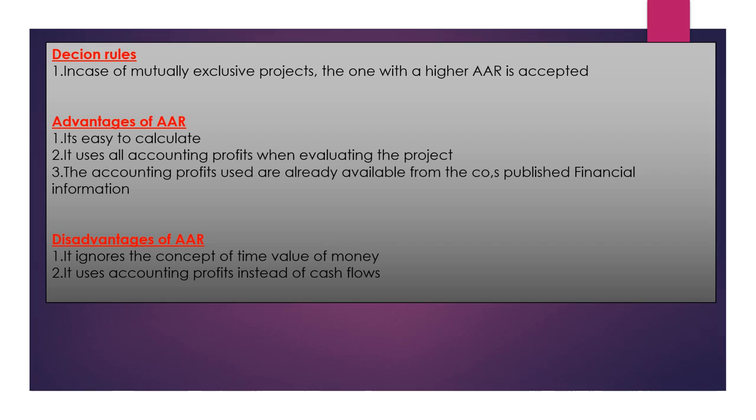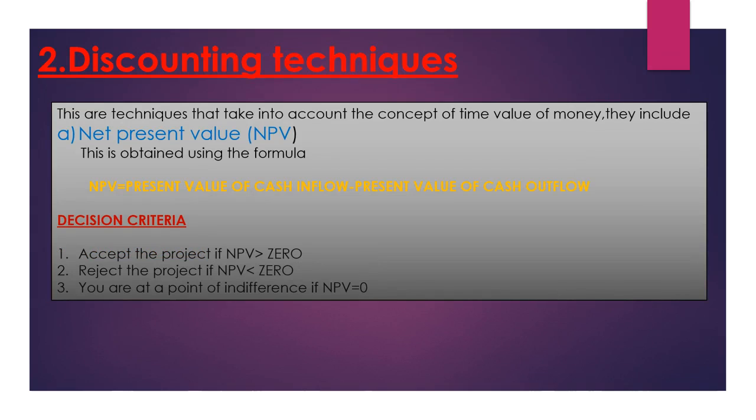So we're going to look at the discounting techniques. These techniques take into account the concept of time value of money. This is the opposite of non-discounting, and they include the net present value or NPV. NPV is simply the present value of cash inflow minus the present value of cash outflow.